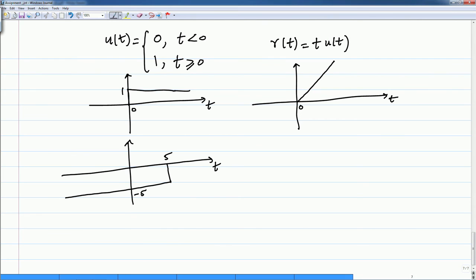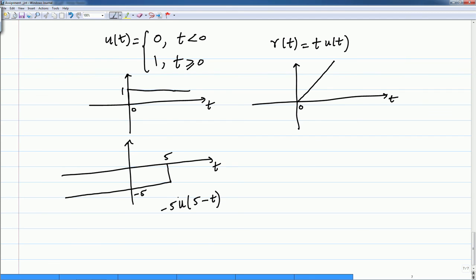So how would one write this? Think about it, it's u of 5 minus t, is that right? It's u of minus t, and then it's been shifted right, so you have u of 5 minus t, and then you have to multiply by minus 5.